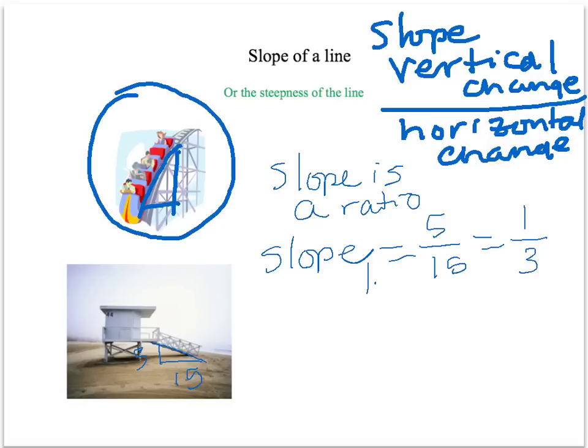If we look at the slope on our xy axis, here's x, here's y. Like I said, this is y. So let's say that this is my line.